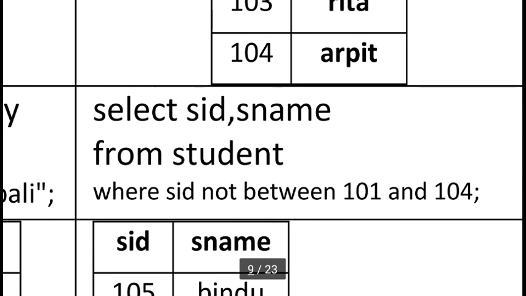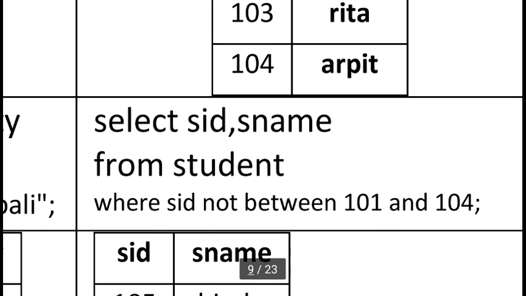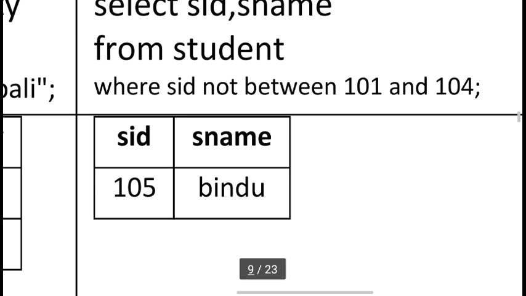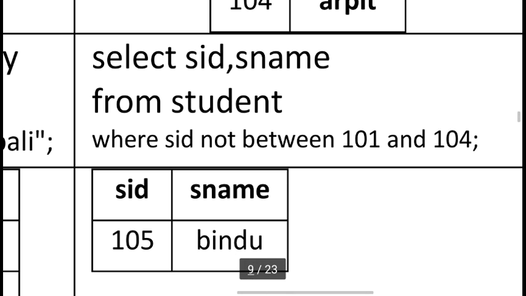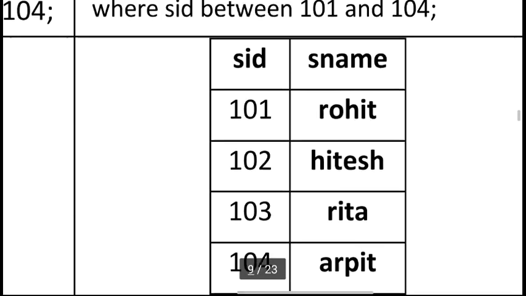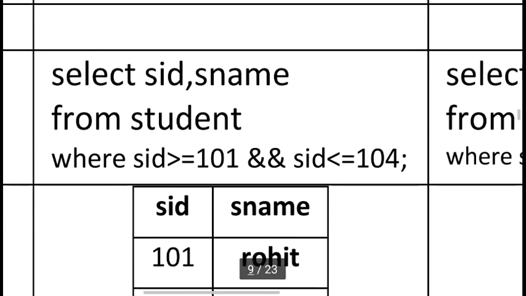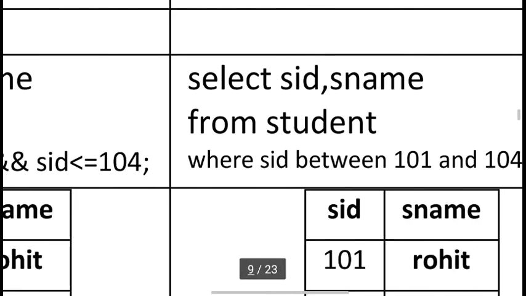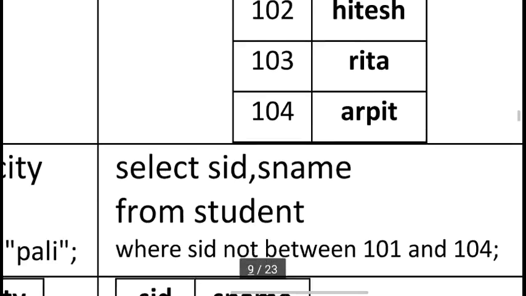For excluding, here I am writing SID not between 101 and 104. So all the rows will not include 101 to 104, only 105 Bindu will come. So we can also perform the same thing in this style, or we can use the BETWEEN operator.